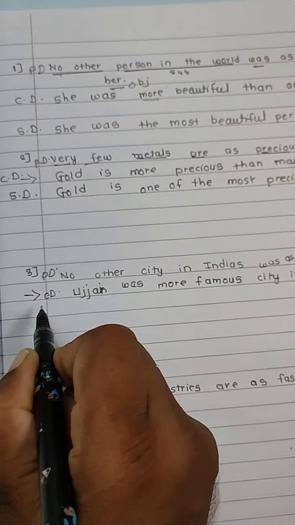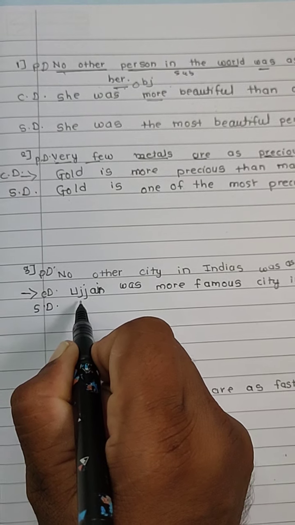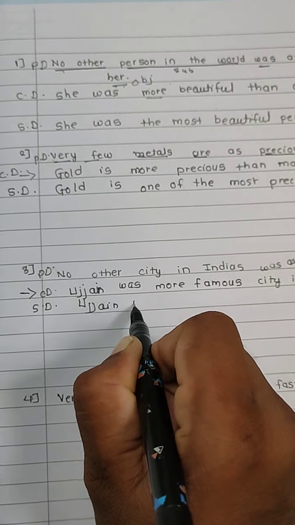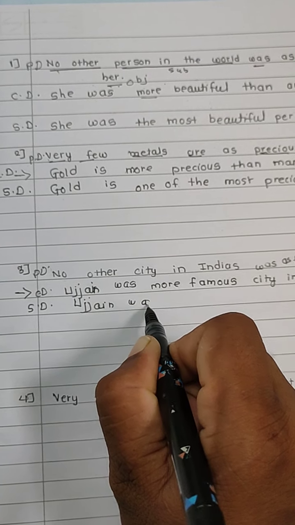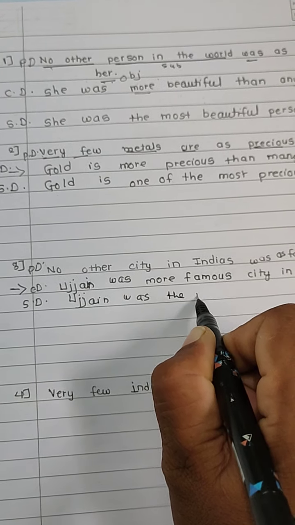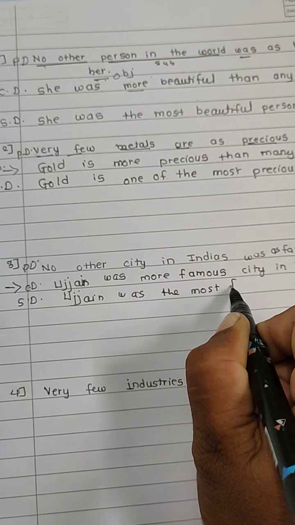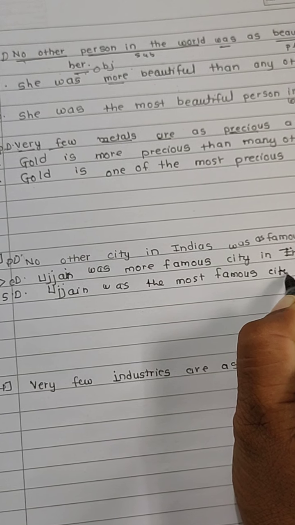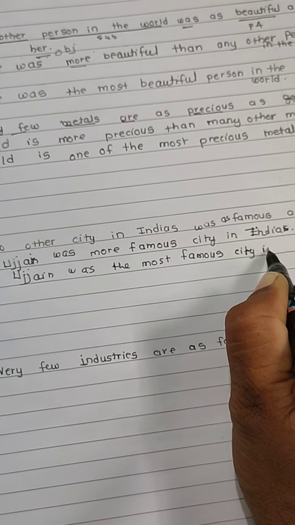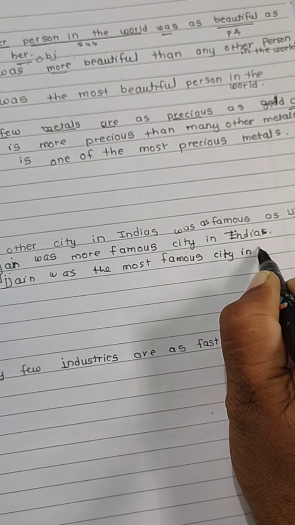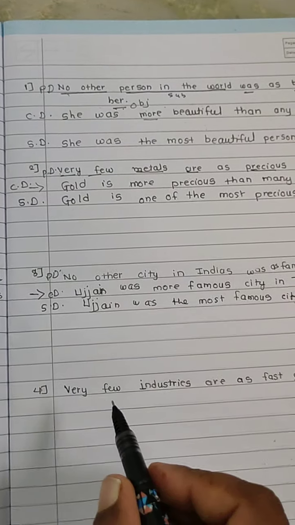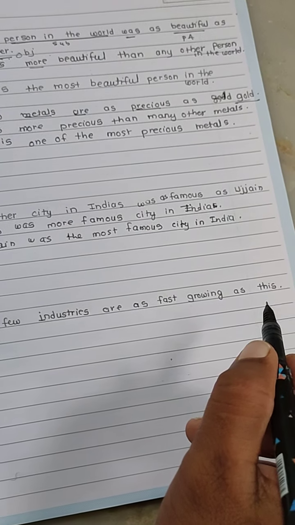That is the way. And SD: Ujjain was the most famous city in India. That is particularly the superlative degree.